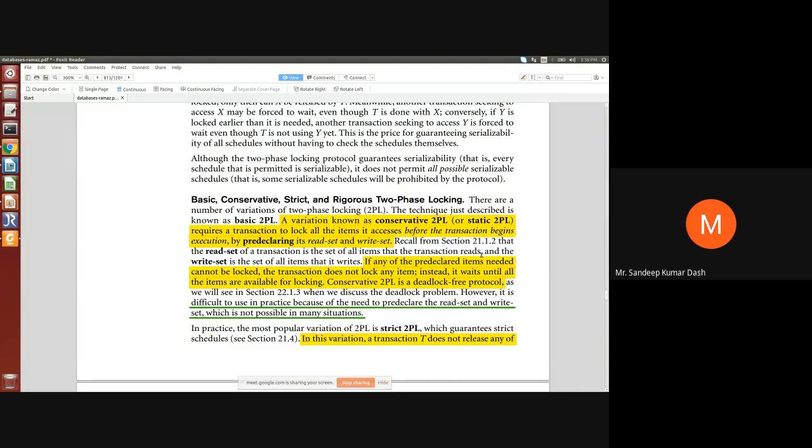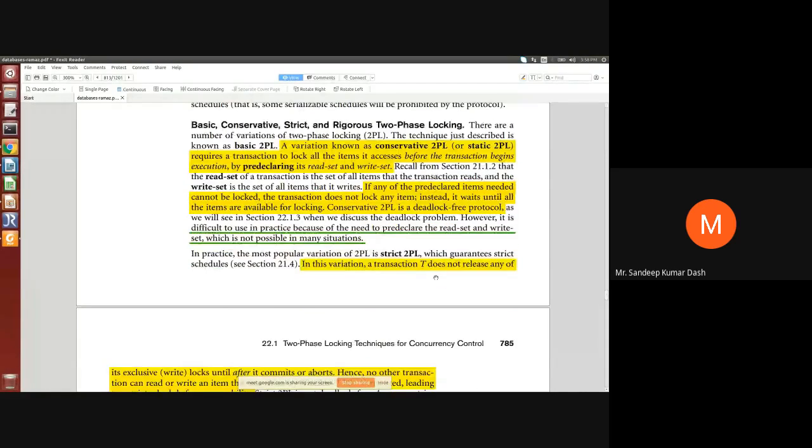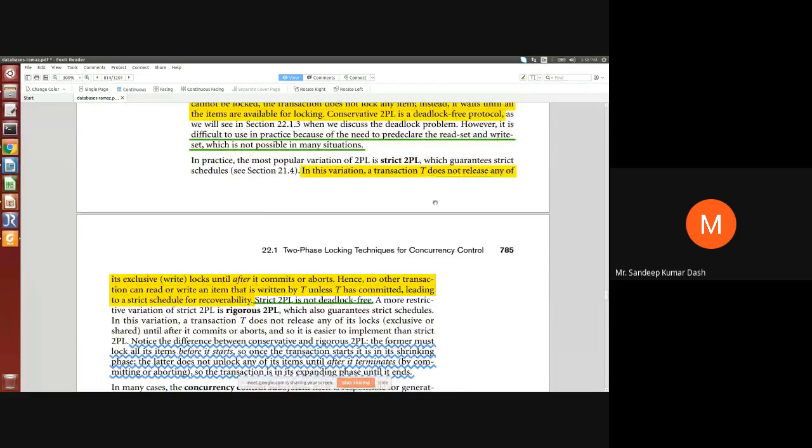Then there is another version, mostly used, strict 2PL, strict two-phase locking, which guarantees a strict schedule. That means if you apply strict 2PL, your result will be perfect. What happens in this case is that the transaction T will not release any of its exclusive locks.